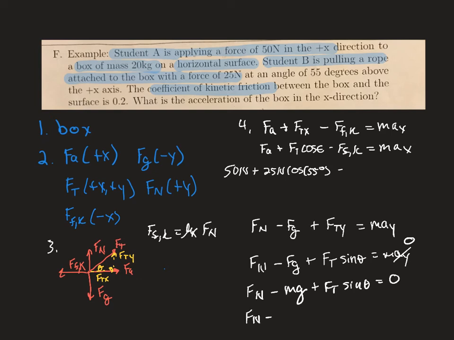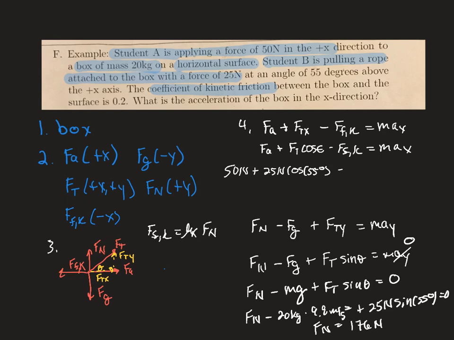Alright, so force normal minus 20 kilograms times 9.8 meters per second squared. Remember, we're plugging in positive because we already took care of the minus sign. Plus the tension given, so 25 newtons times the sine of 55 degrees, is going to sum to 0. So that's going to give us a force normal that equals 176 newtons.